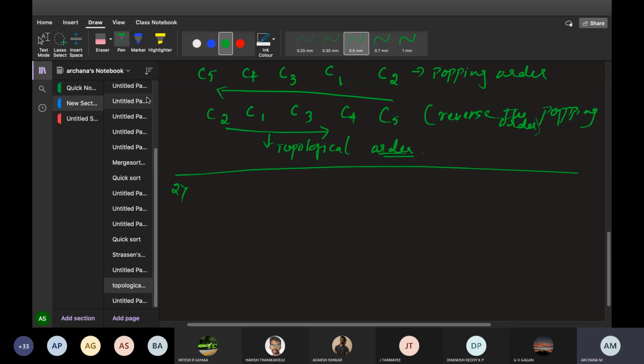The second algorithm is the source removal algorithm. What is the source removal algorithm?